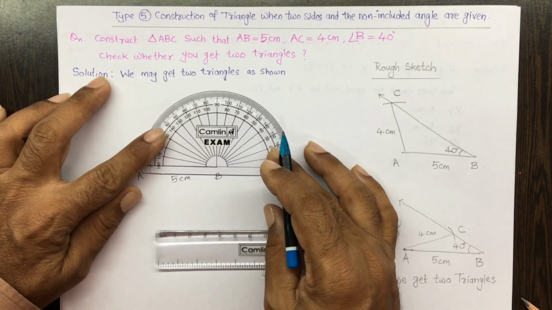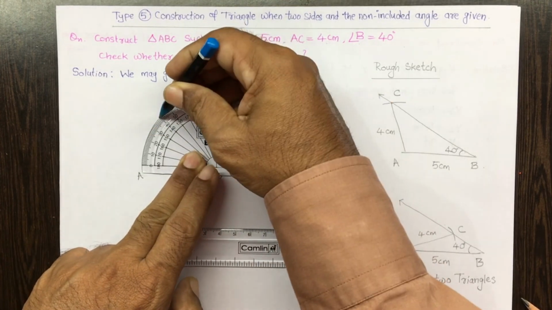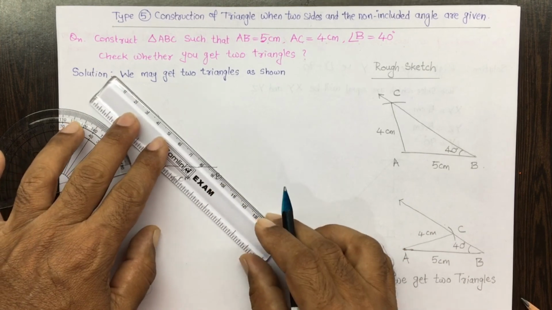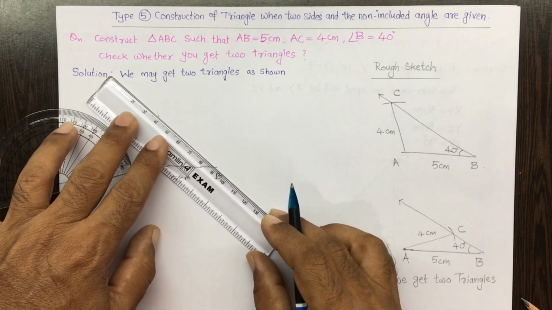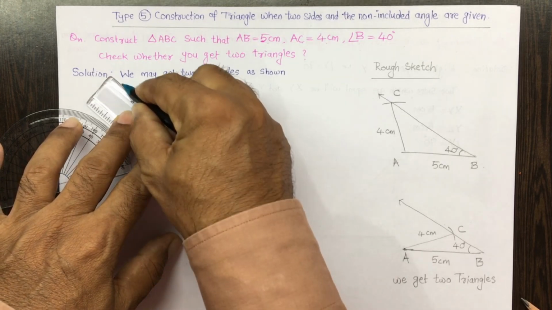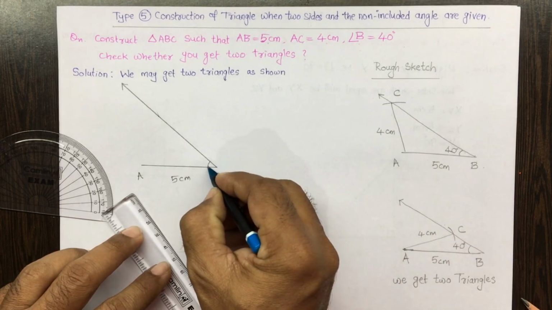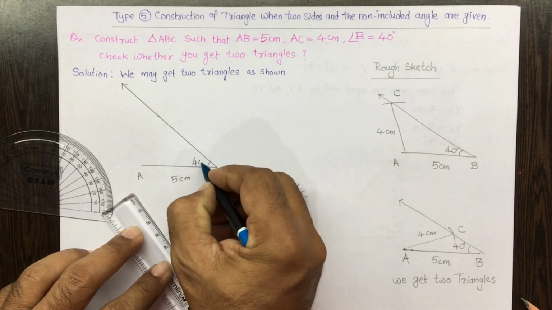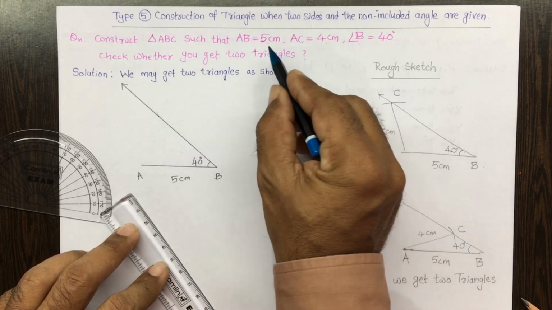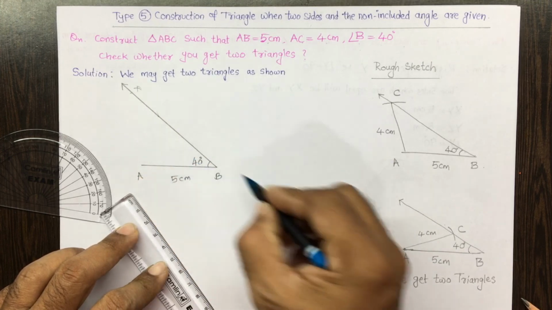At B 40 degrees, here it is 40, and join these 2 points and extend the ray of 40 degrees. This is extended, here B is 40 degrees. Now, A, B and third vertex is C. C must be on this BX ray.